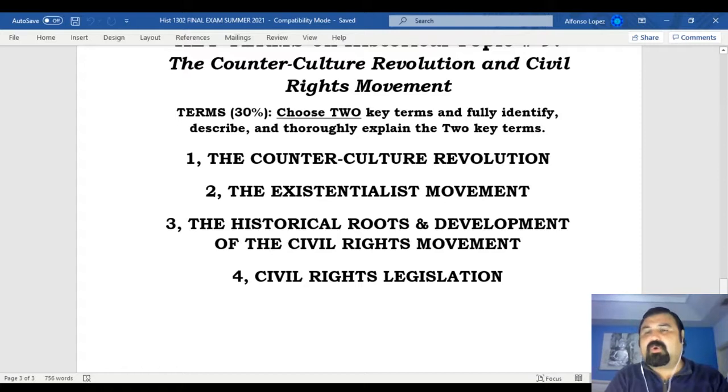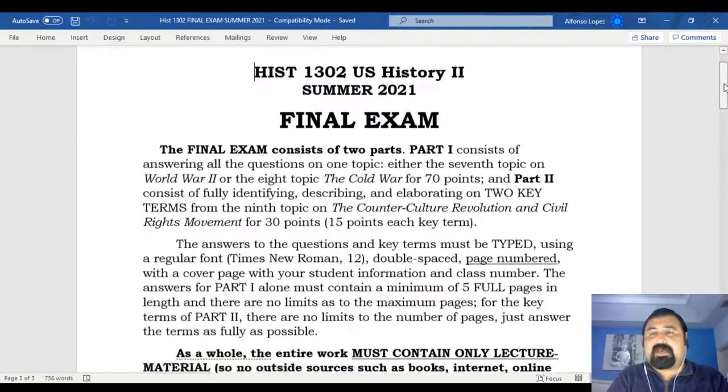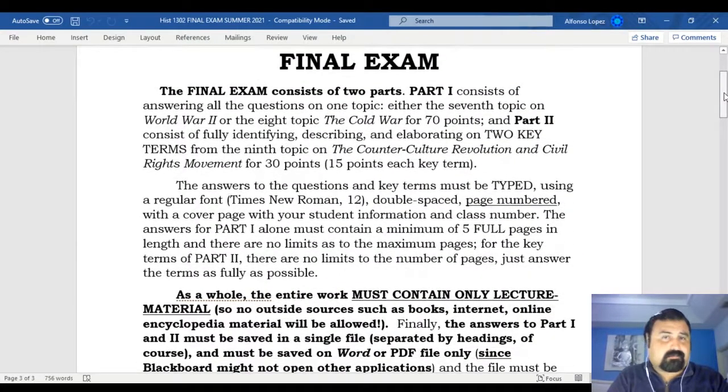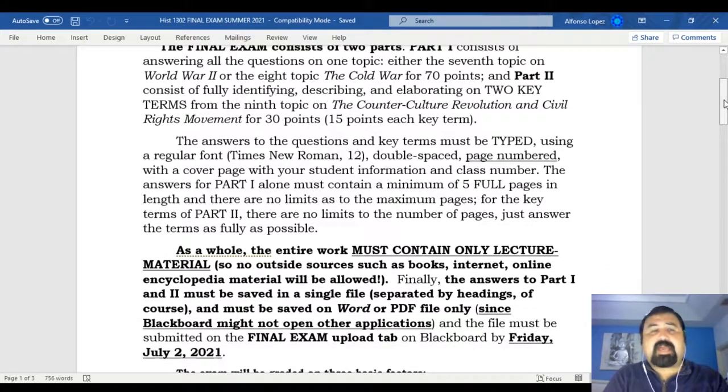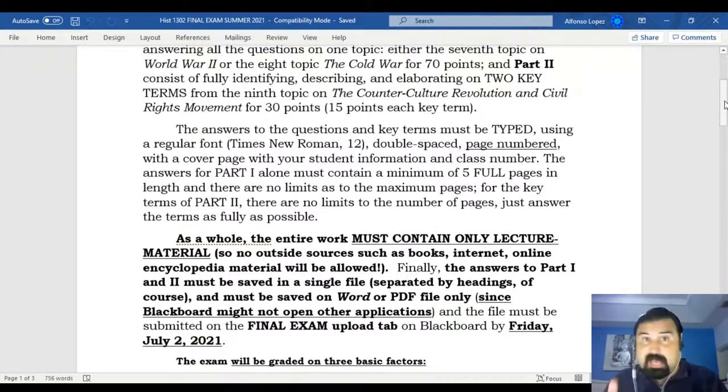All right, so going back to the instructions, the answers and the key terms must be typed. This is something that you do at home on your own schedule. Use the regular format for colleges and universities: 12 font Times New Roman, double space, page numbers, and a cover page with all your information.